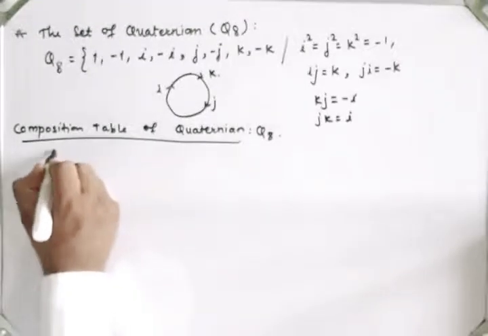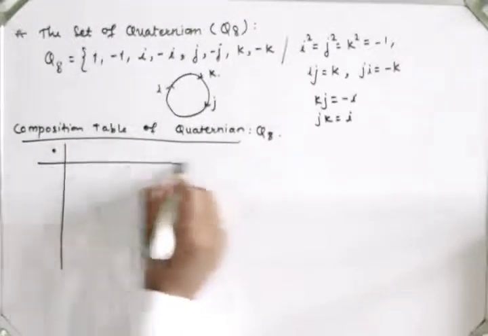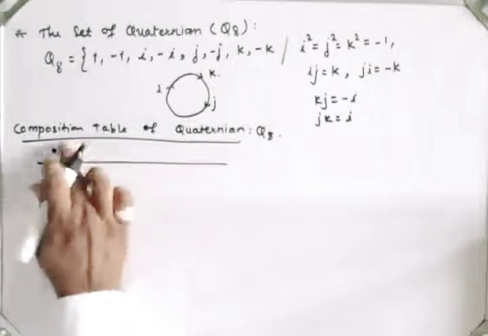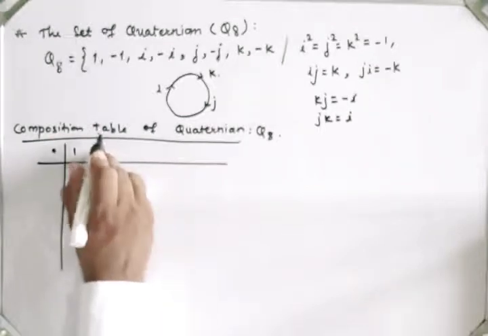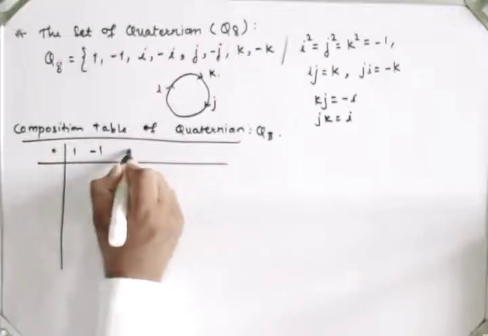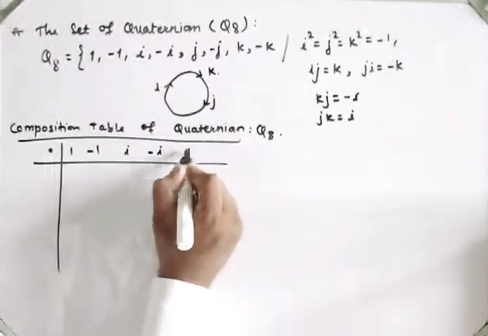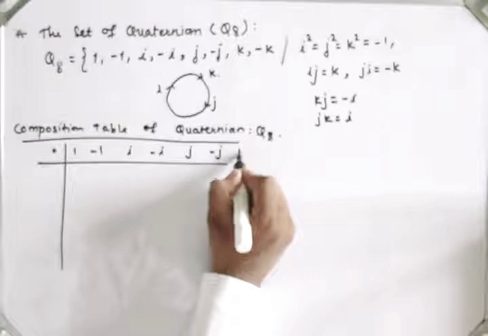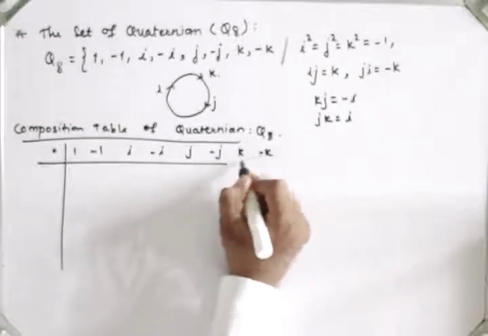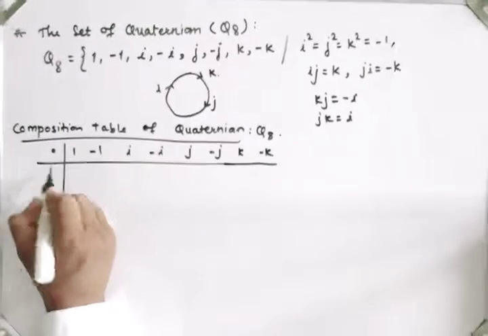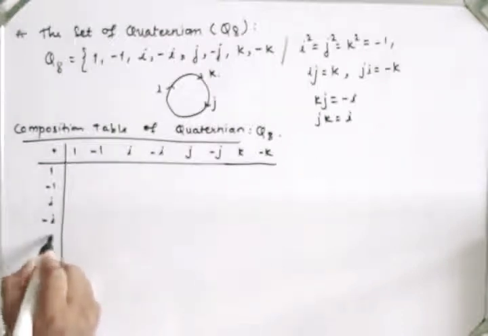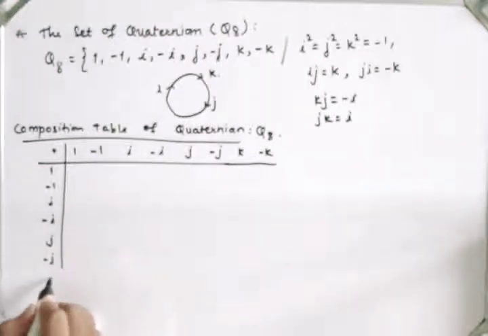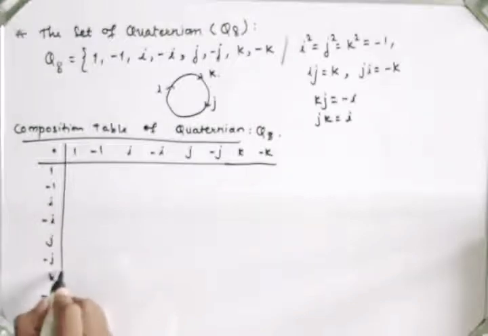So the operation is multiplication. First elements: 1, minus 1, I, minus I, J, minus J, K, minus K.